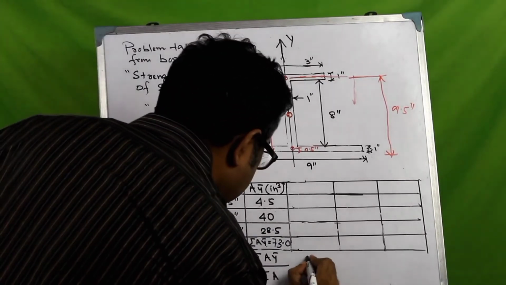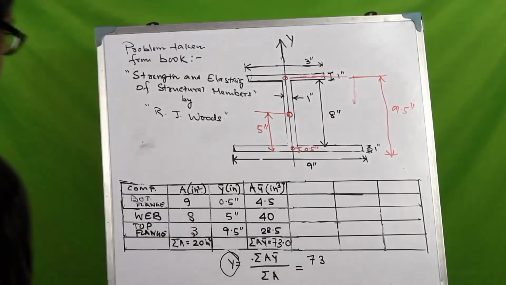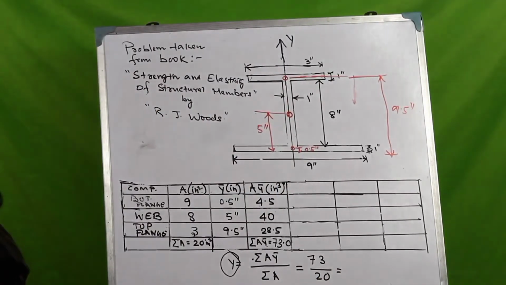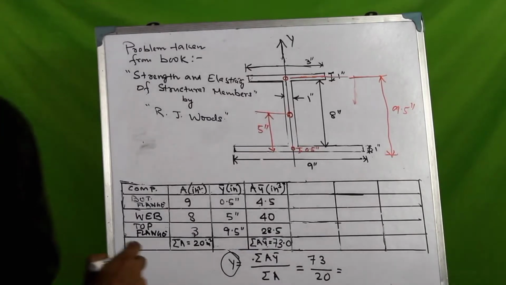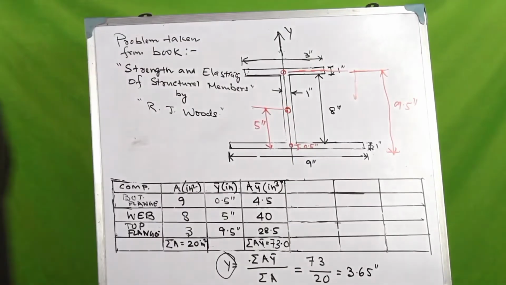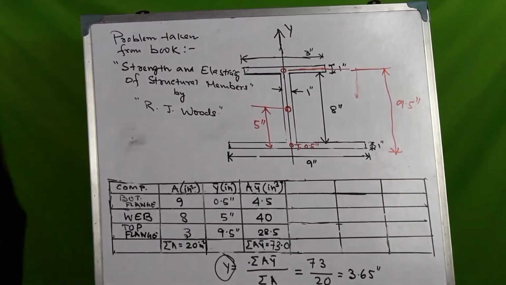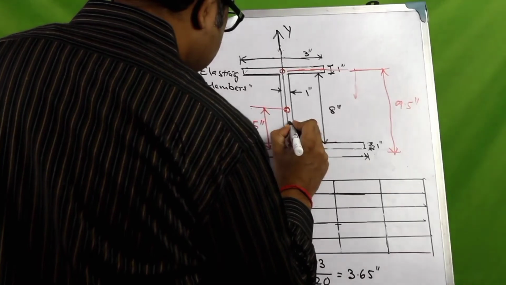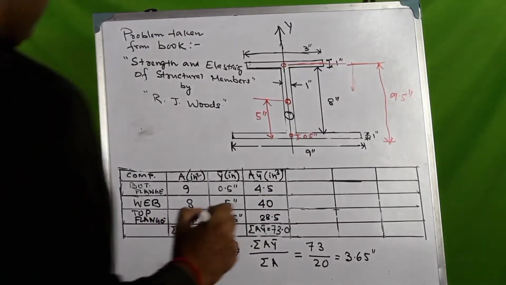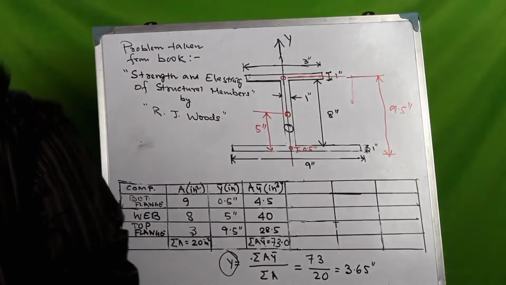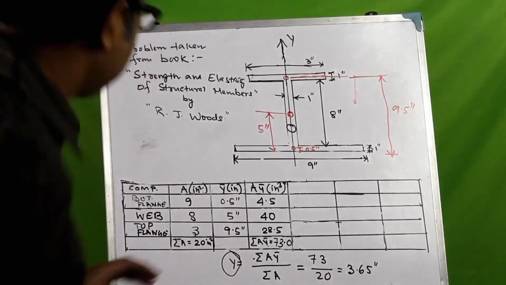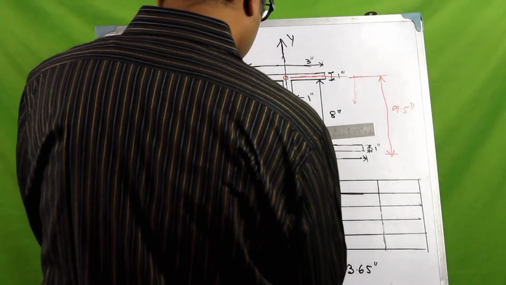So it would be 73 inch cube by 20 inch square, which is 3.65 inch. So that means that the centroid of this cross-sectional area is located at a distance of 3.65 inch from the bottom of the bottom flange.